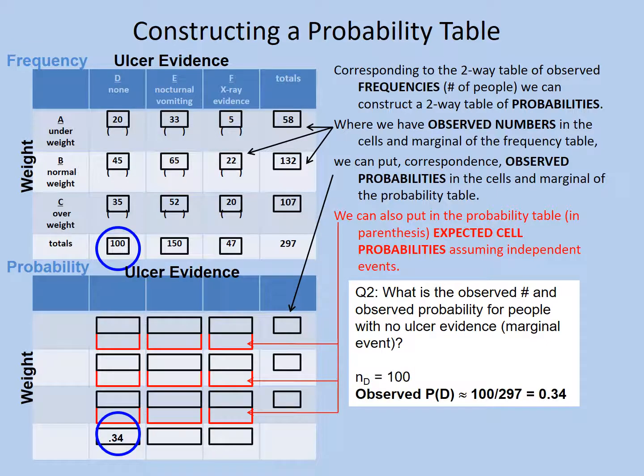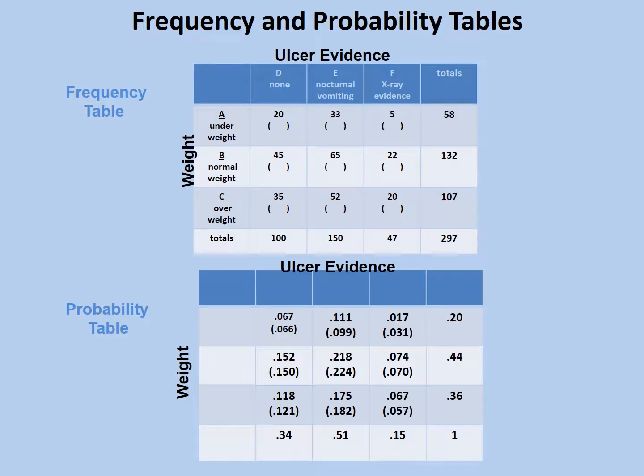The observed probability for people with no ulcer evidence, which is a marginal event, is equal to 100 over 297, which equals 0.34, and can be found in the marginal of the probability table shown at the bottom. The probability table shown below for the weight and ulcer evidence data has now been completely filled in with both the observed and the expected cell probabilities as shown in the middle of this table.